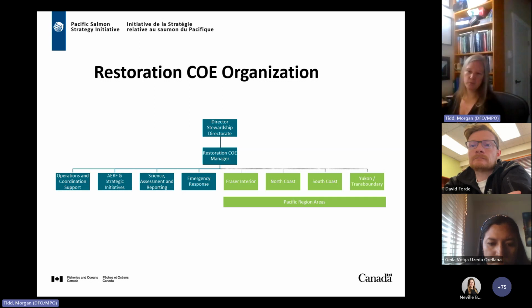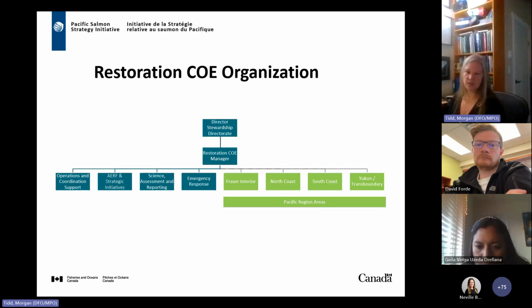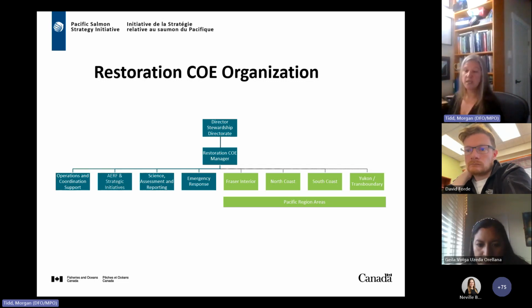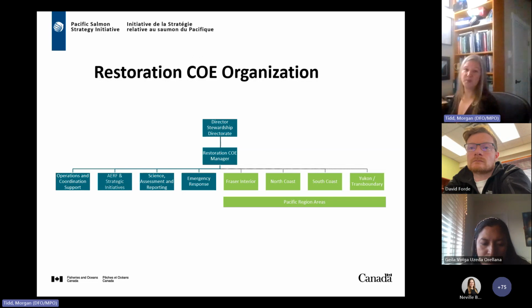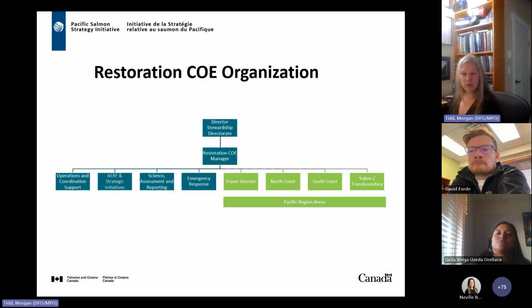Their intent is to provide administrative, operational, and scientific guidance, innovation, and planning support to the area teams who are on the ground implementing restoration projects. Area-based teams are broken up in the Pacific region into Fraser Interior, which is the entire Fraser River watershed, North Coast, South Coast, which is Vancouver Island and the Sunshine Coast, and Yukon Transboundary.